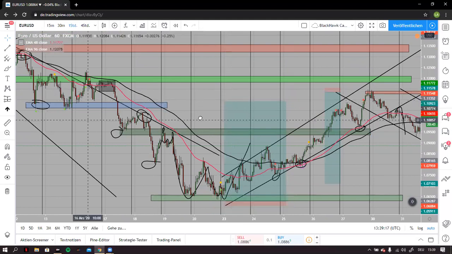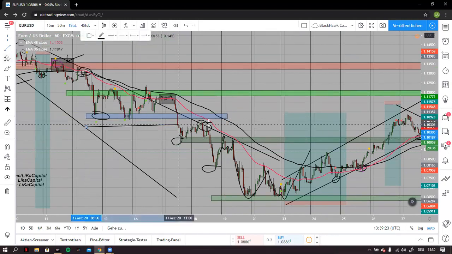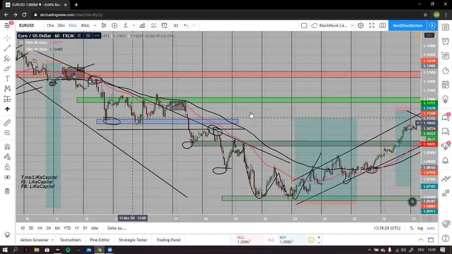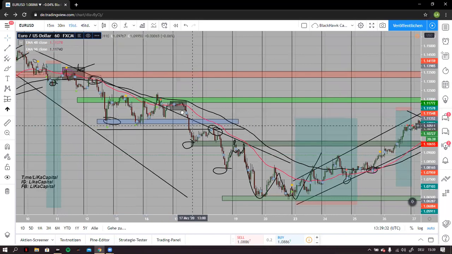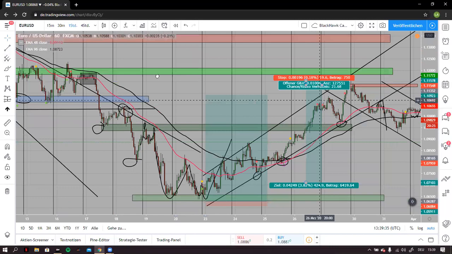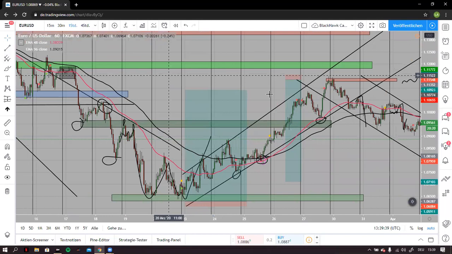Retail traders are buying here, placing their stop losses below this zone, and this is why market makers are coming down. So 1, 2, and 3 touches is a valid confirmation for them to buy. Always remember the 3 touches as a confirmation to go on the other side.